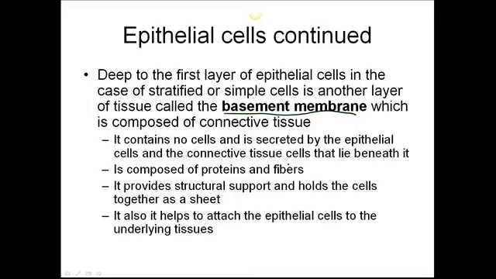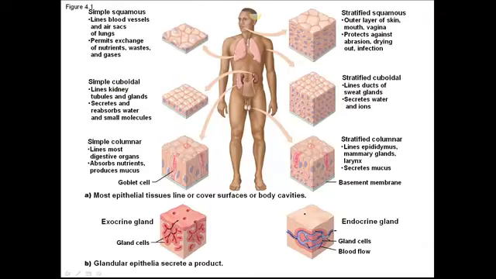It contains no cells, it's all connective tissue, and it's secreted by the epithelial cells and the connective tissue cells below it, and they intertwine fibers. It provides structural support for those cells so that they don't wander away, and it helps to glue the epithelial cells to the underlying connective tissue cells.